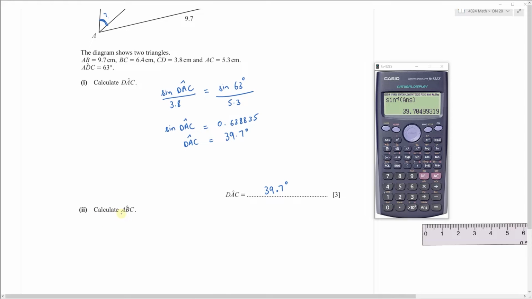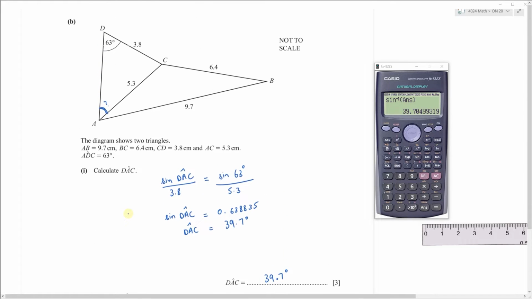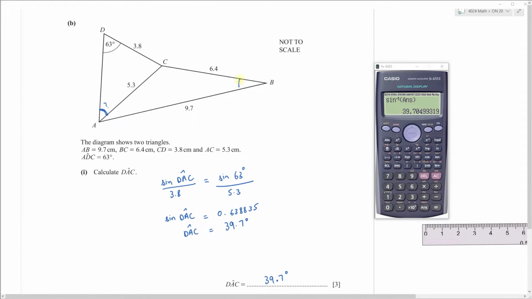The next part is calculate angle ABC. So ABC is this angle here. So if you look at this triangle ABC, we know all three lengths of this triangle, and this is the angle that we need to calculate. So we can use the cosine rule using all three lengths to calculate this angle here.